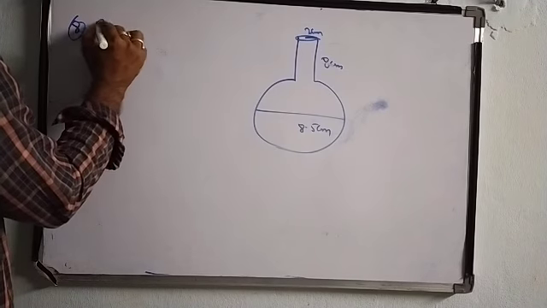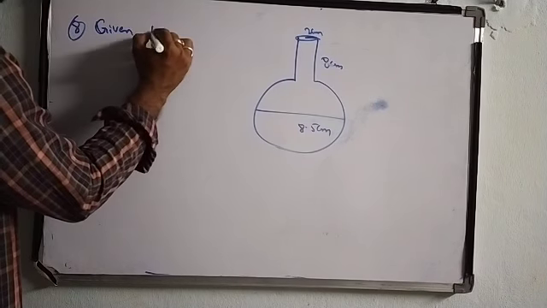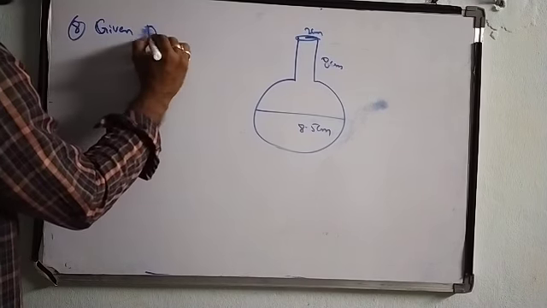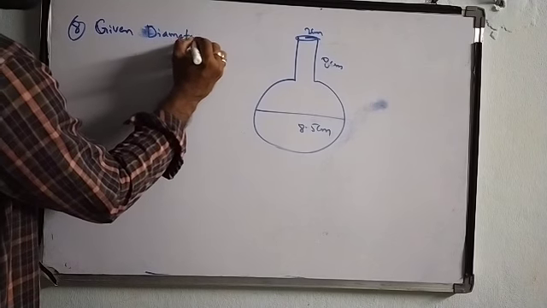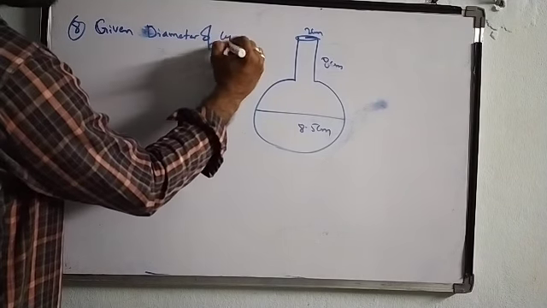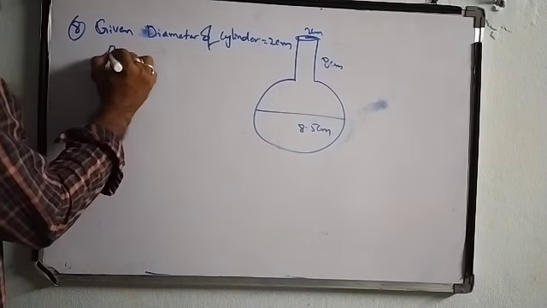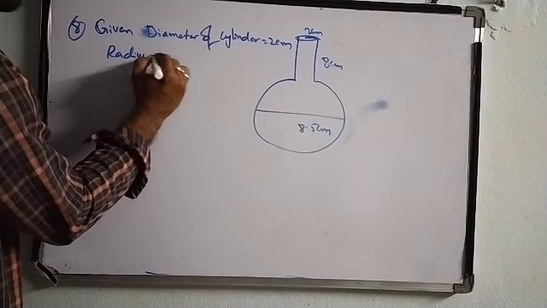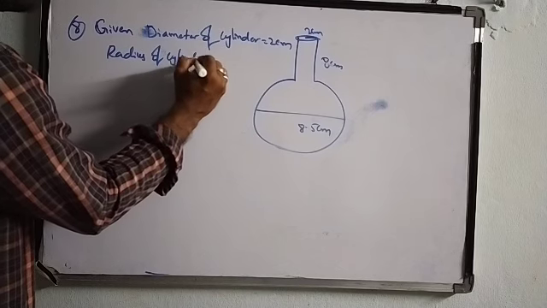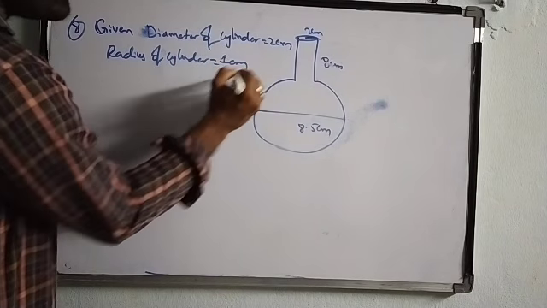So first, given diameter of cylinder, which is 2 centimeter. So radius of cylinder, which is 1 centimeter.